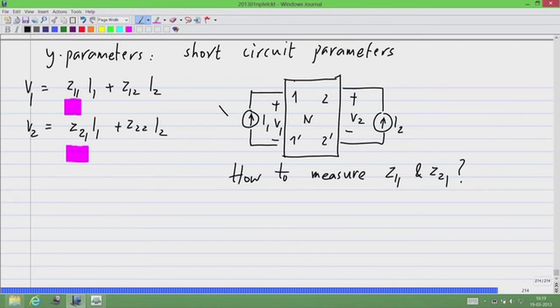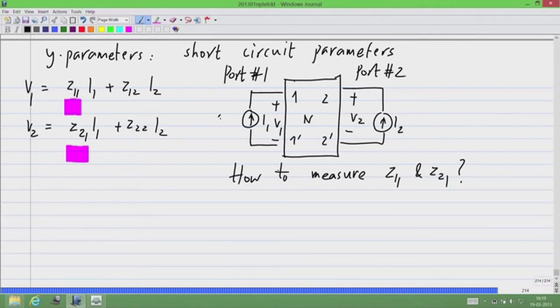Why is that the case? How would I measure Z11 in this circuit? If I want to determine the value of Z11, what should I do? What should I apply to port 1? What should I apply to port 2?